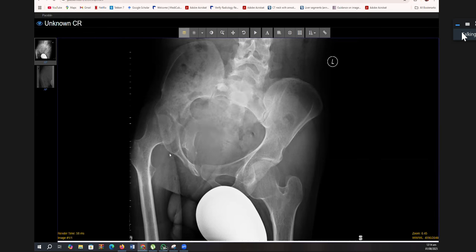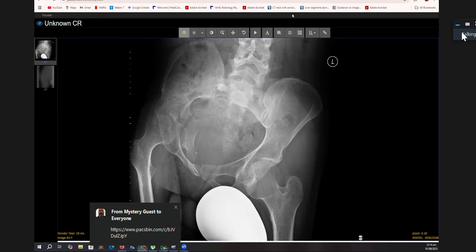Sir, there is size asymmetry of the femoral head, as well as asymmetry of the pelvis, and atrophy of this side of the gluteal muscles as well. So this is something like chronic denervation, likely poliomyelitis. That's exactly what it is. Yes, it's polio. Yeah, that's good.